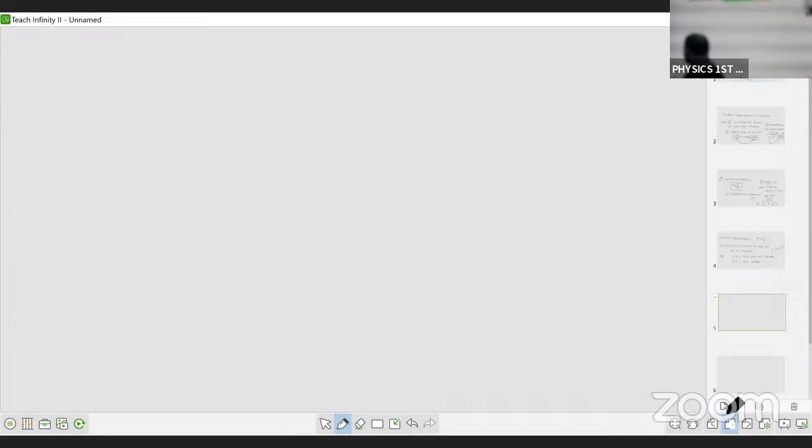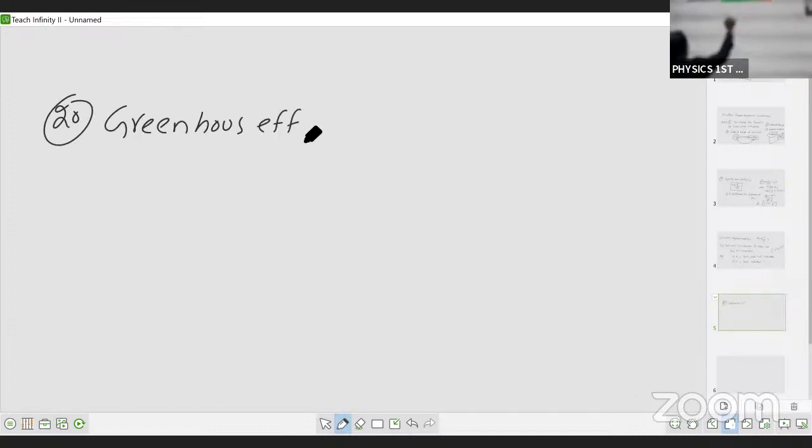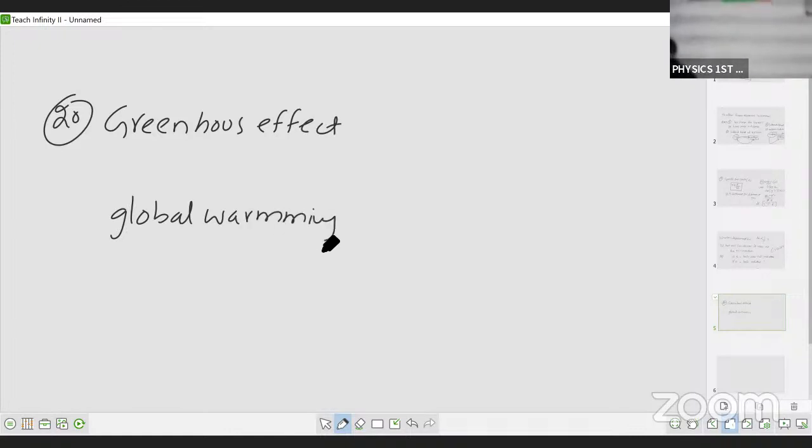This came as a VSQ in the previous examination. One is the greenhouse effect, second is global warming. See students, both are the same.